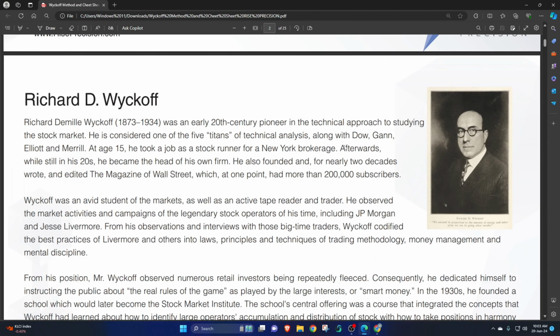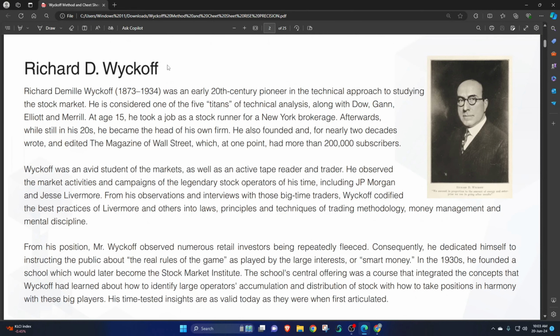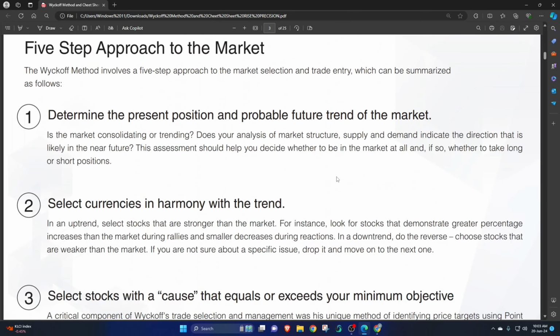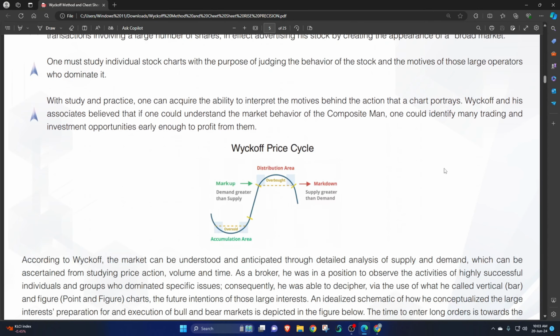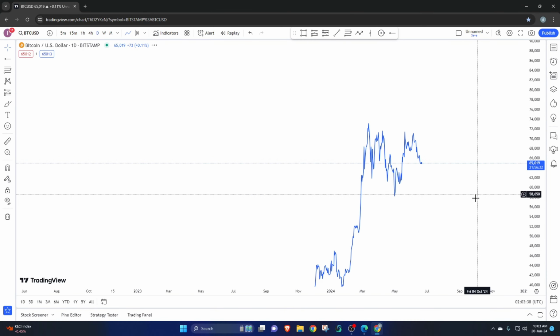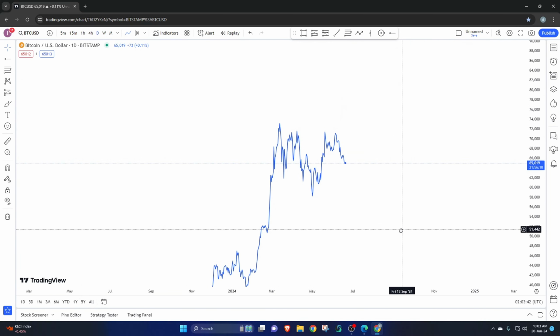But I'm not going to go into the history of Wyckoff's method. You can look this up on the internet. There's a long story about Wyckoff's method. What we're going to do is look at how this method relates to the top and also the bottom of Bitcoin.